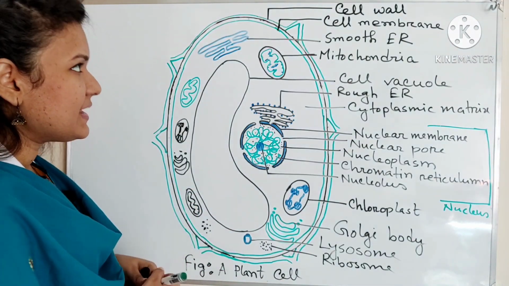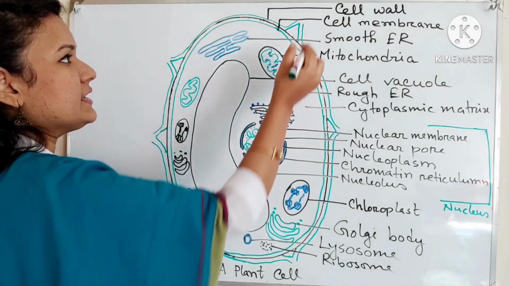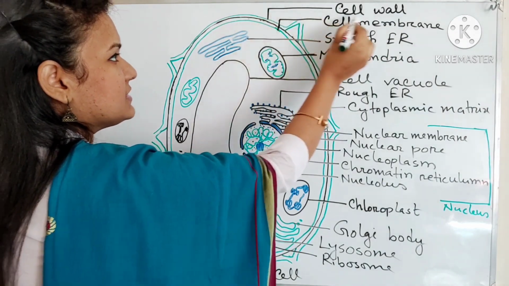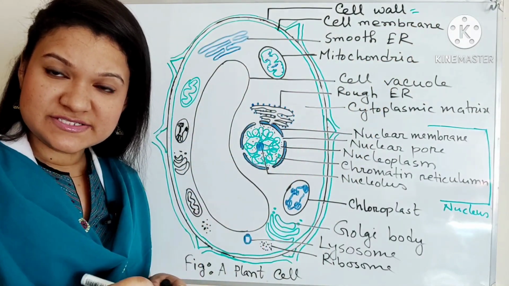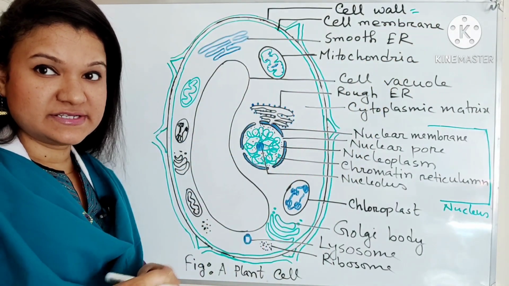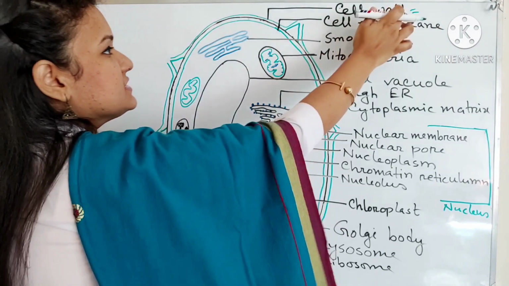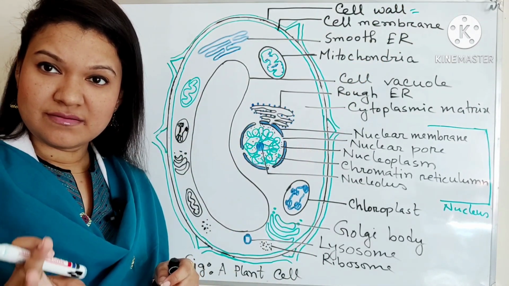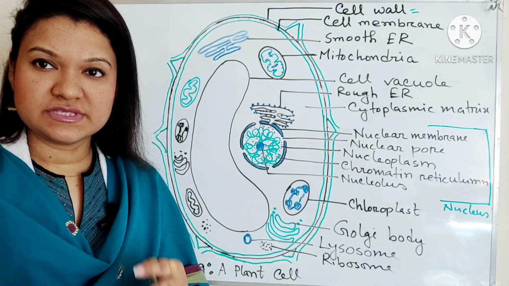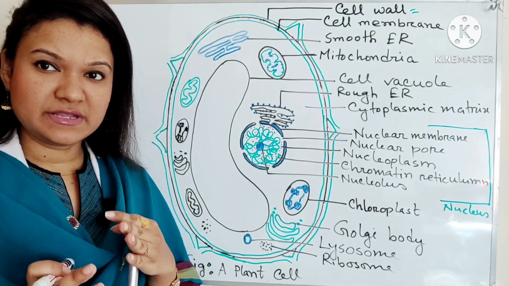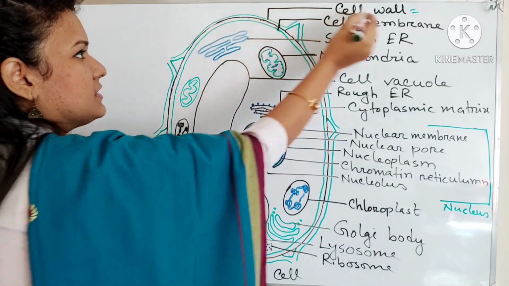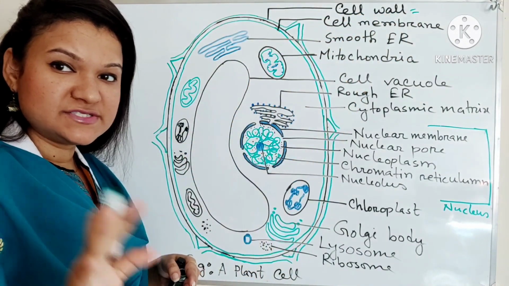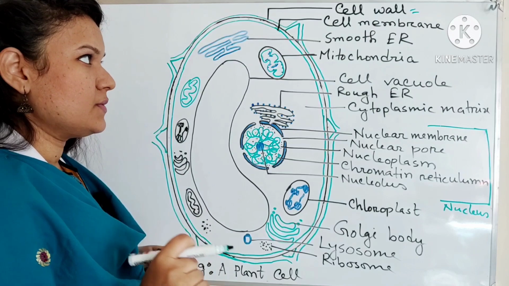First of all, a plant cell has a cell wall. This cell wall is a unique characteristic of plants, that is, cell wall is not present in animal cell. So, this is one main difference. Plant cell has a cell wall and animal cell does not have any cell wall.